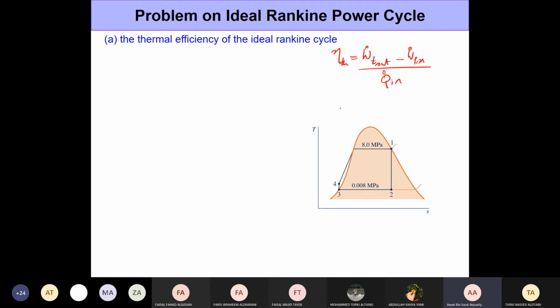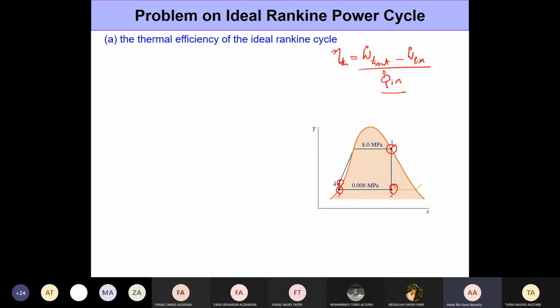The work output for the turbine, as we just saw, is H1 minus H2. Work input for the pump is H4 minus H3, and the heat input in the boiler is H1 minus H4. So basically we need H1, H2, H3, and H4, the enthalpies.